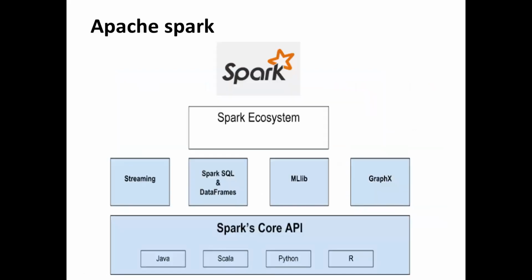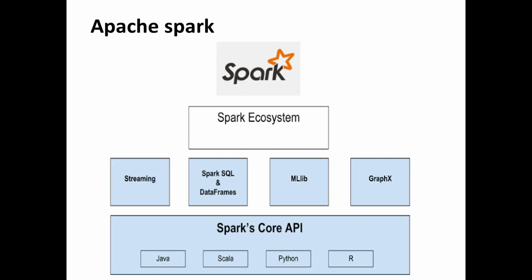And of course, we were talking about Apache Spark, right? So what is Spark? Spark is basically an in-memory big data processing engine. Okay, and we will discuss in detail further on.